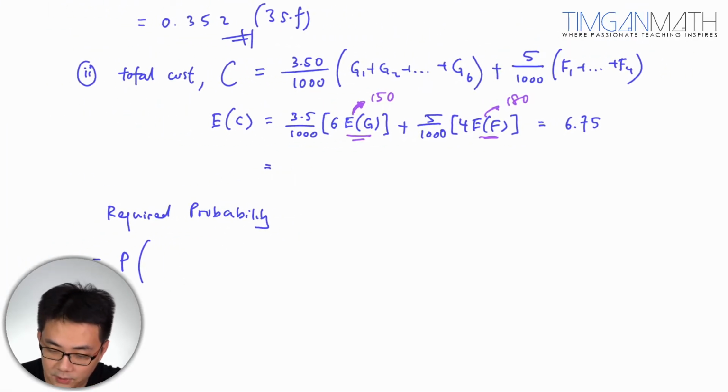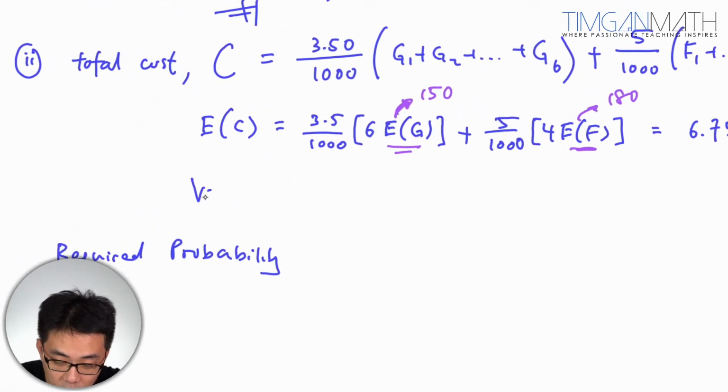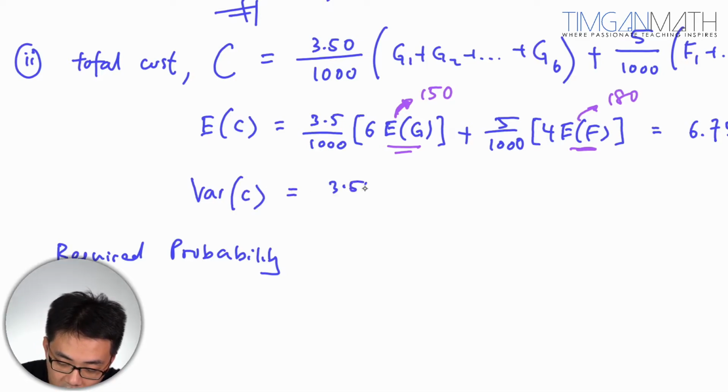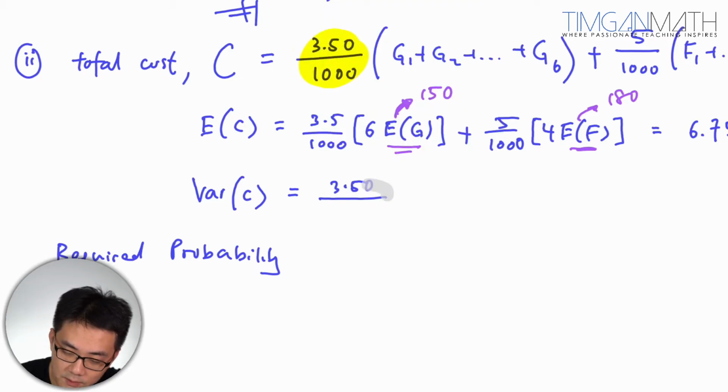Alright, that's okay. Then variance is the one which sometimes students have a problem with. This will be 3.5 because of this constant here. Just remember you need to square the constant.